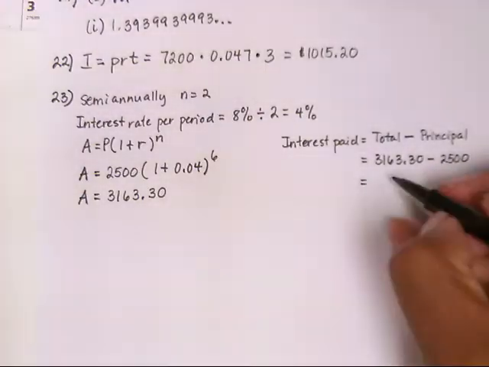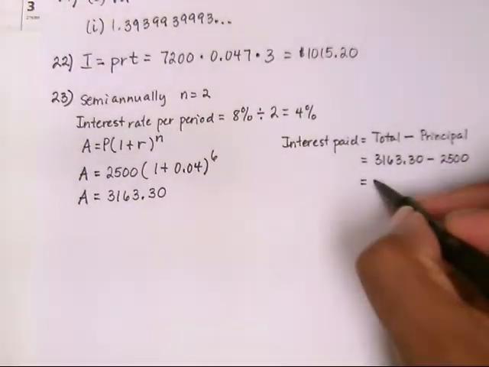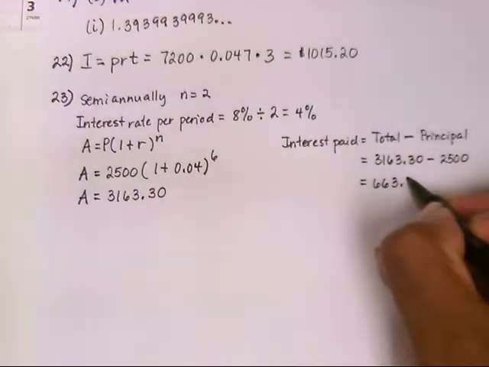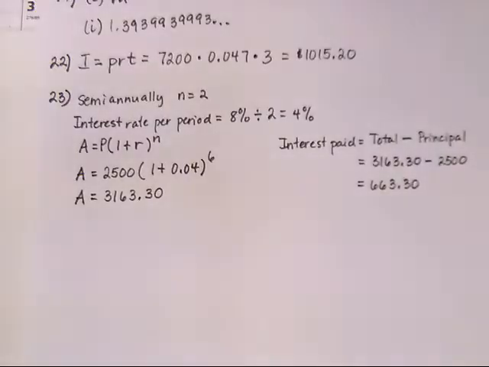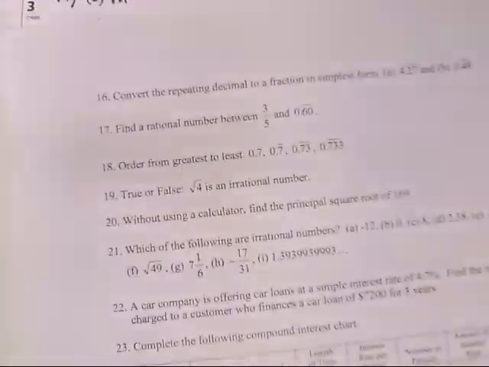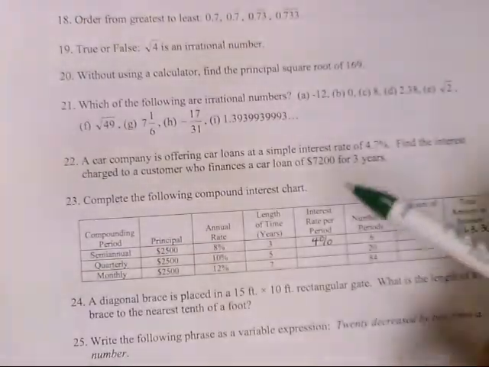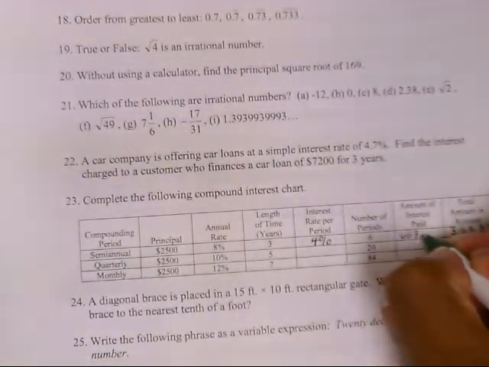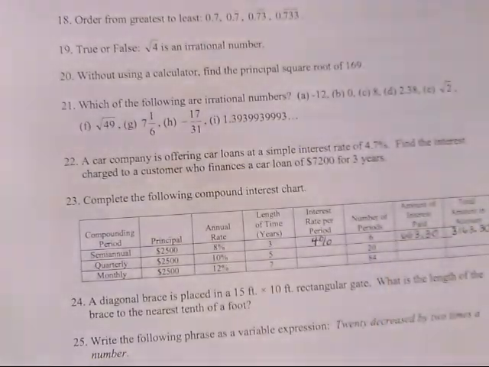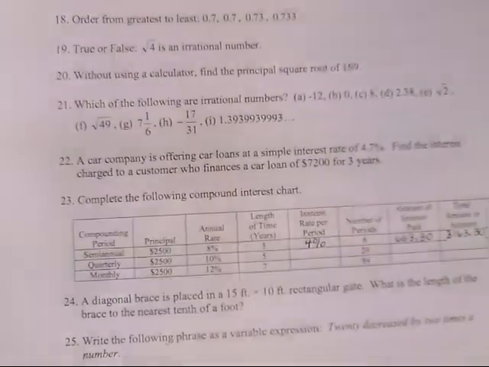So if we subtract that, you're going to get $663.30. So the interest paid is $663.30. So here we go, 663.30. That goes here.